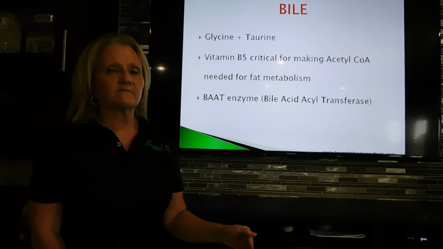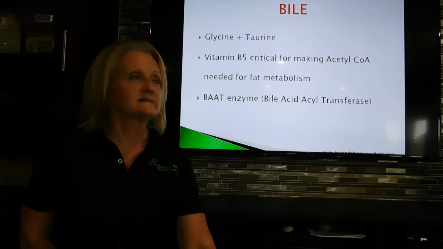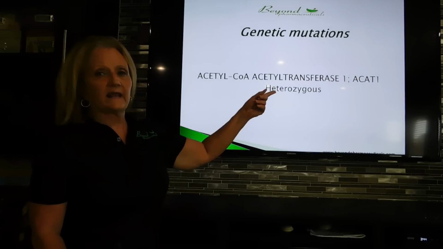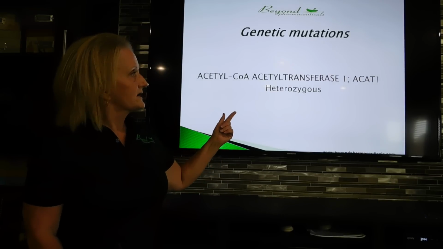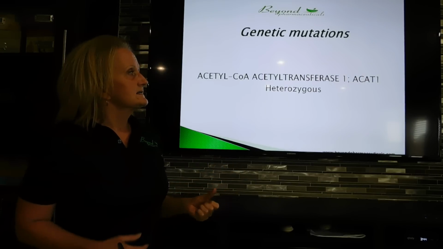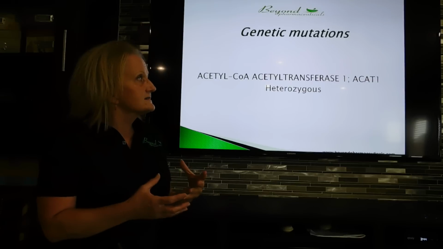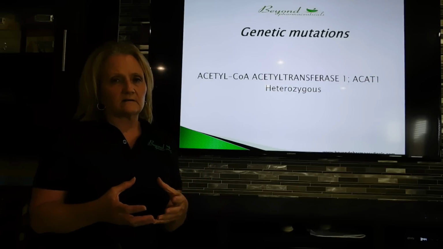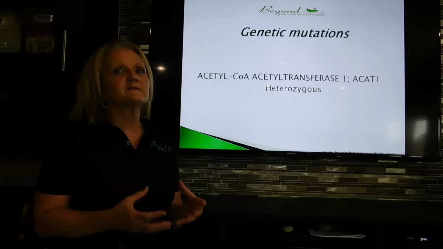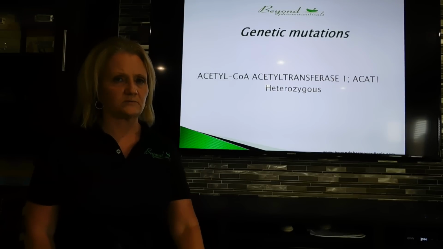So again, we're seeing vitamin B deficiency here in the fatty acid section. Another genetic mutation that she had is the ACAT1, which is acetyl-CoA transferase. She has a heterozygous mutation here, and this enzyme carries the acetyl groups. B5 utilizes the acetyl groups and makes the acetylation happen in your detox pathways. B5 is a critical part of acetylation because B5 carries your acetyl groups throughout the body.